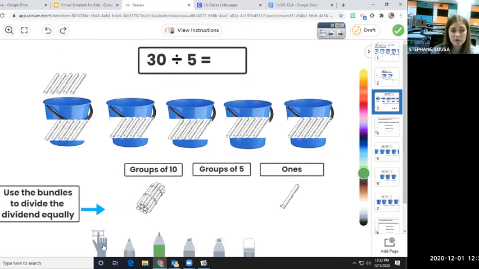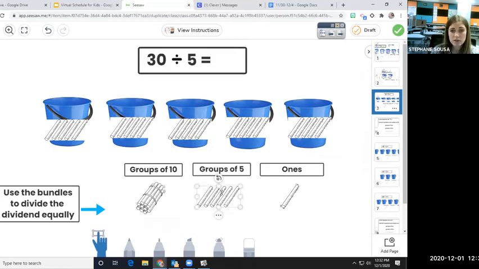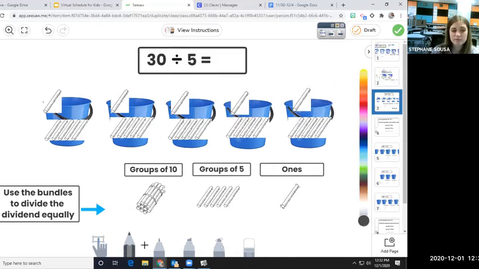So now I have to go down to my 1s. So now I'm going to take a 1. So I'm at 5, 10, 15, 20, 25, 26, 27, 28, 29, 30. So how many are in each bucket? 5 plus 1 is 6.